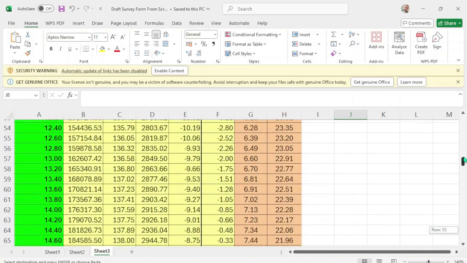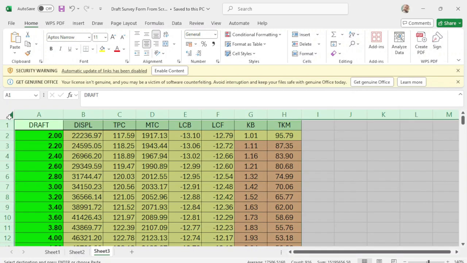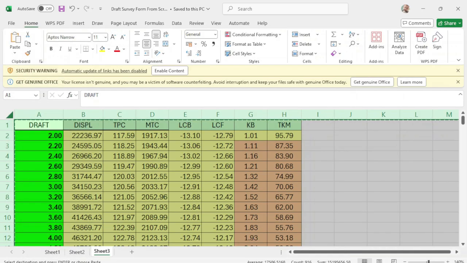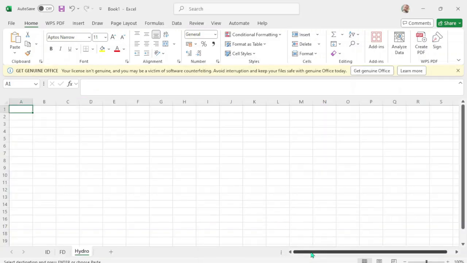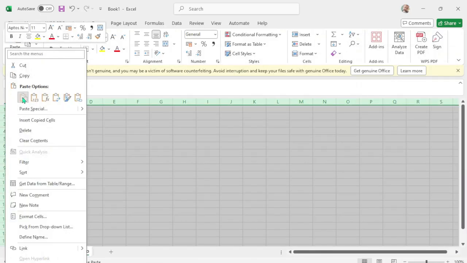Okay, so you go up, click the left corner, then you right click and copy. Then you go to your blank form. This is the hydro. Put on the left corner, right click and paste.